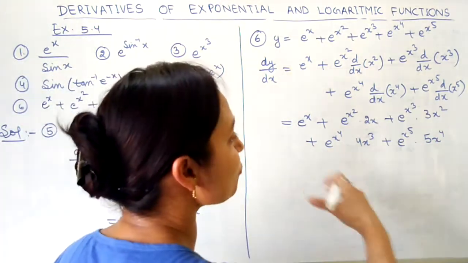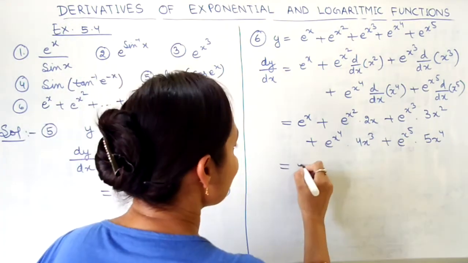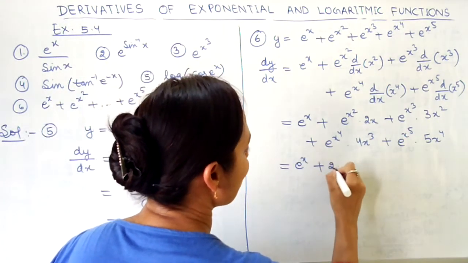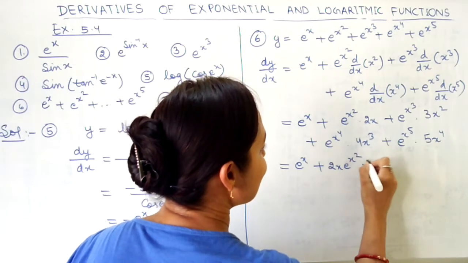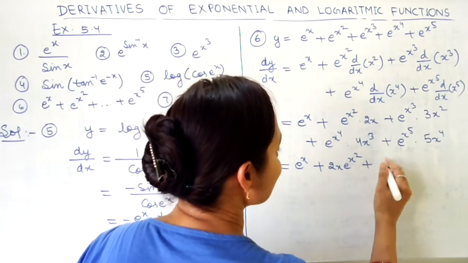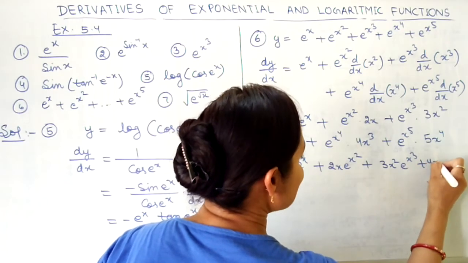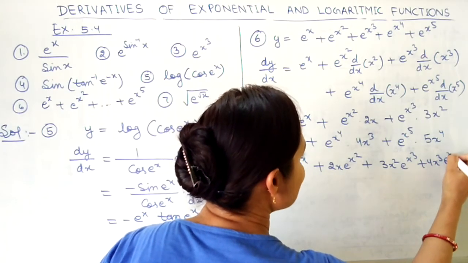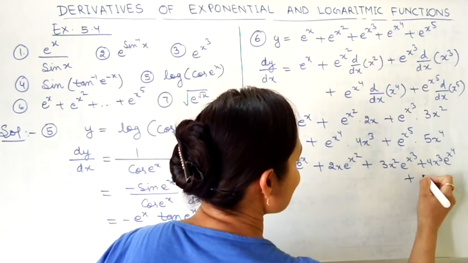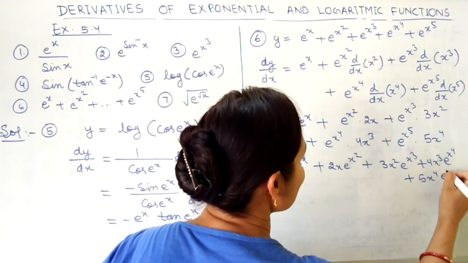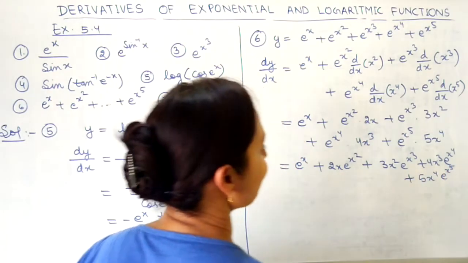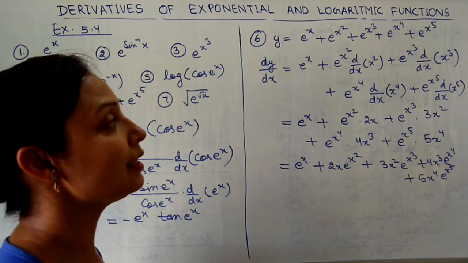If I want to write it in a simple way, rearranging it: e^x plus 2x e^(x²) plus 3x² e^(x³) plus 4x³ e^(x⁴) plus 5x⁴ e^(x⁵). So this is the way to solve the question.